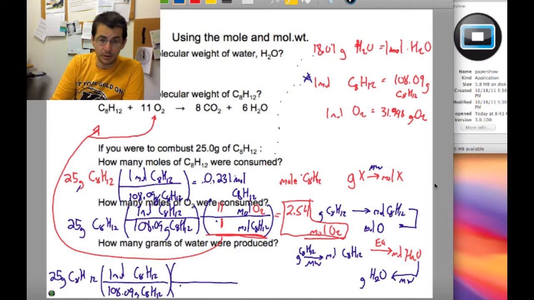In this case, for every 1 mole of C8H12, that is equivalent to 6 moles of water. Again, that comes right from our chemical equation, where this comes straight from our molecular weight statement.